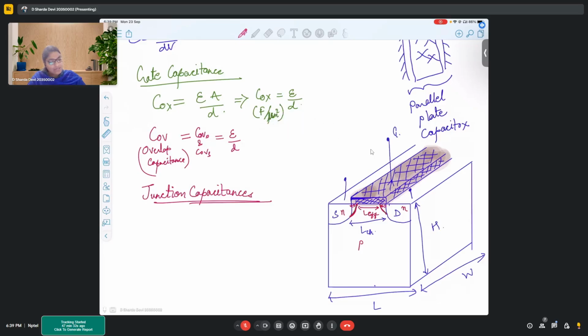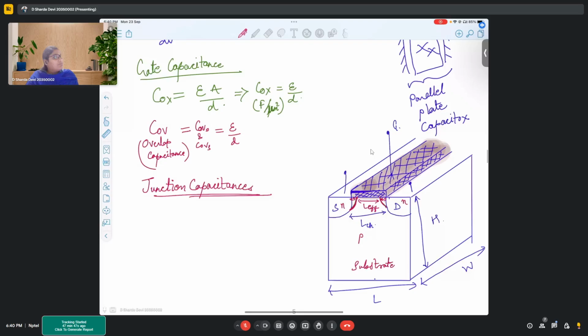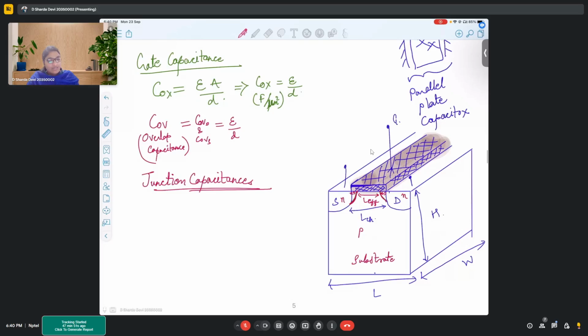So the junctions are formed between source and body or substrate, and drain as well as the substrate. So these are also again junction capacitances. We call them CJN. And these junction capacitances are given by the PN junction based capacitance formula.